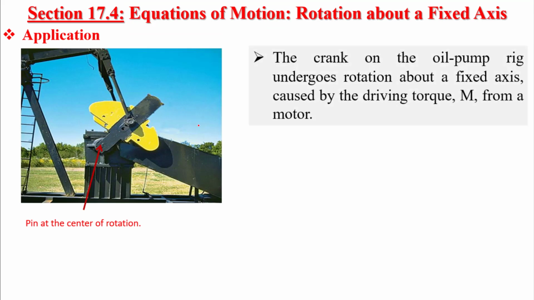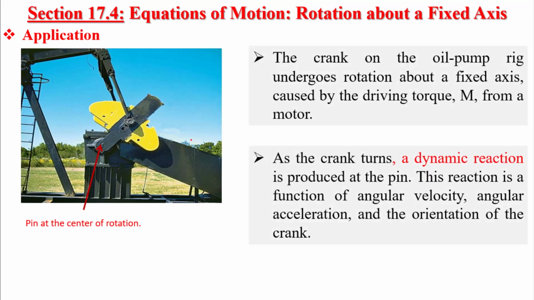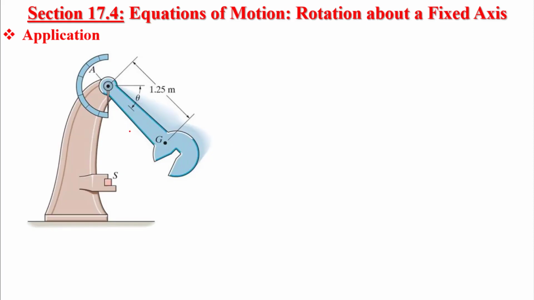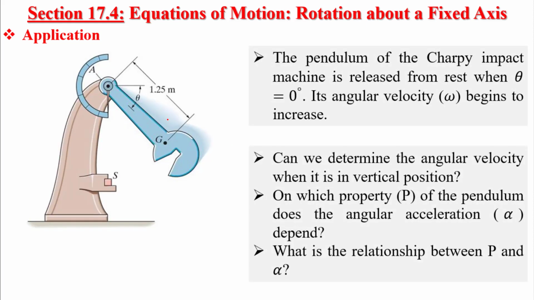So here are certain applications, so you can read them later on. And here is another example, another application, Charpy impact test, or Charpy impact machine. I think this is an experiment in the material lab for mechanical engineers, industrial engineers, and civil engineers.